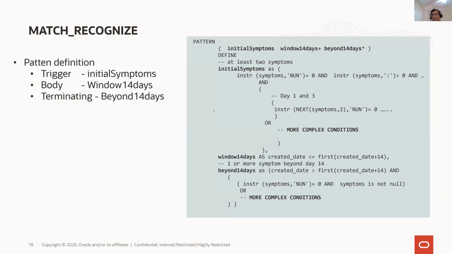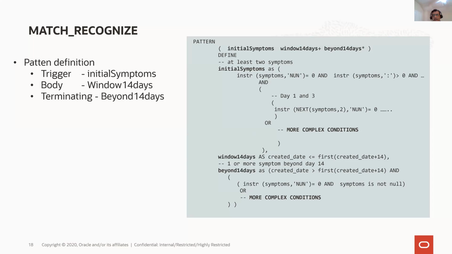So this is what we coded. Essentially, the initial symptoms was a set of symptoms looking across different day boundaries, taking into account some of the sparsity conditions and all. So it was a pretty intense initial set of conditions. Then followed by the 14-day window clause, which just looked at symptoms for another 14 days.